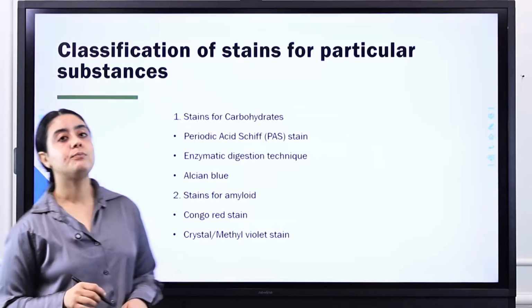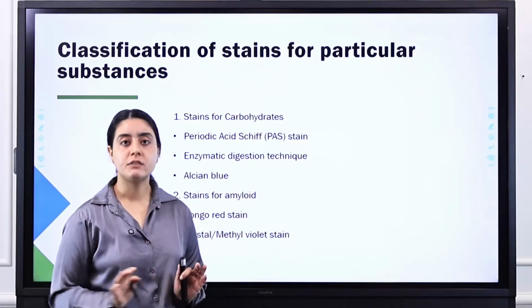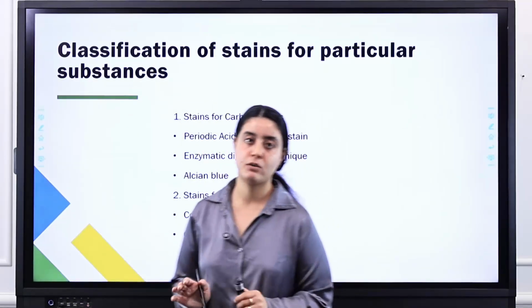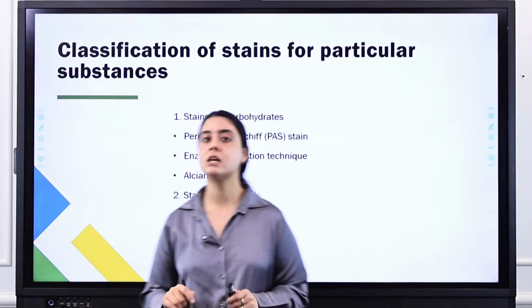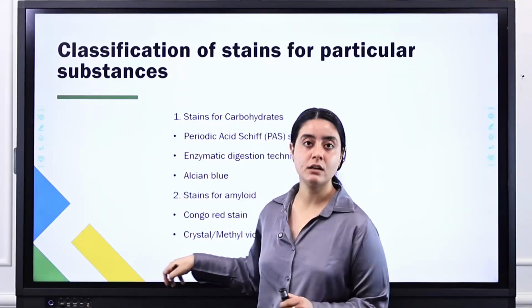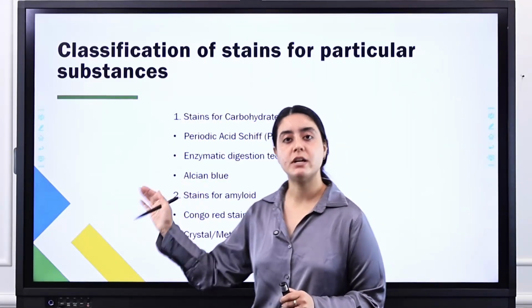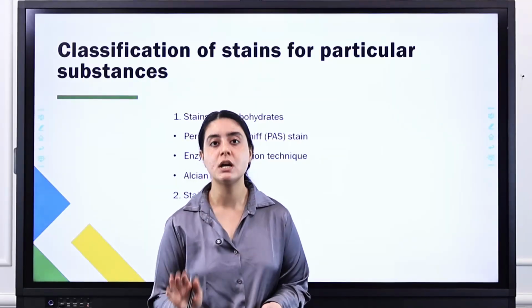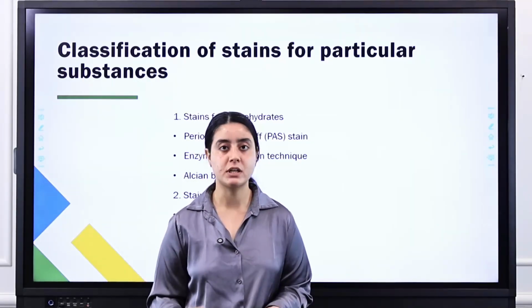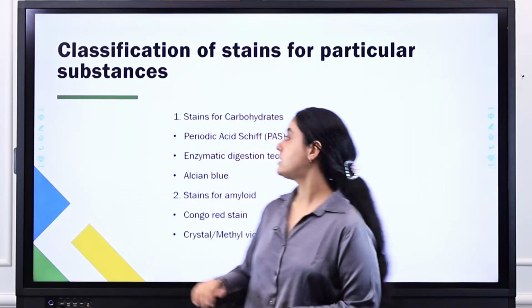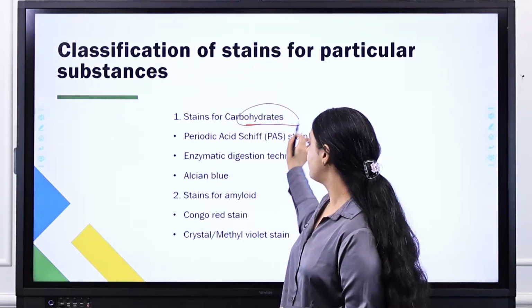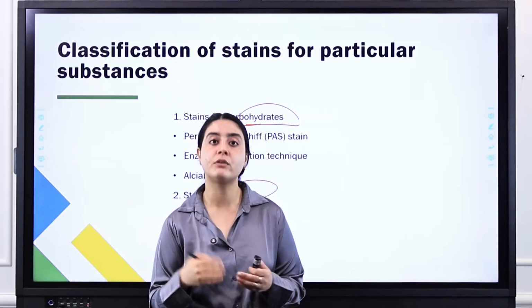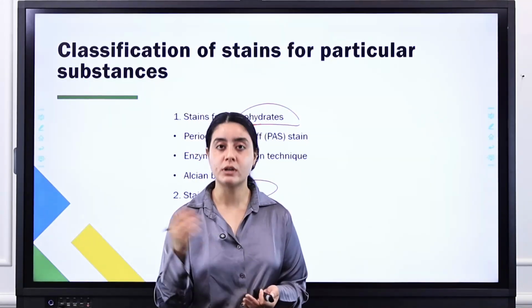Okay, now we have a classification of staining procedures. Why do I not give any example of staining in special stains? Because the stainings given over here are the examples of the special stains also. So first clear one thing, do not confuse, we have a different classification of stains. We have stains for carbohydrates, stains for amyloids, stains for microorganisms, and stains for nucleic acids.